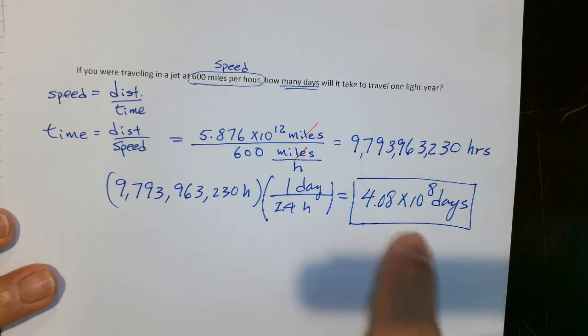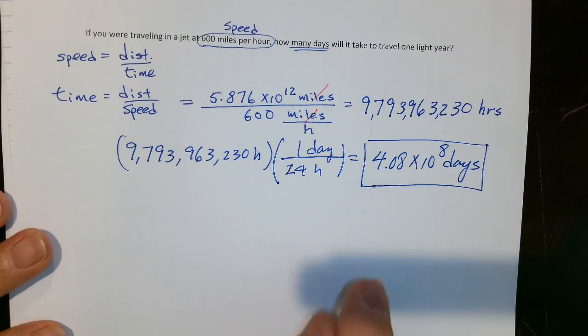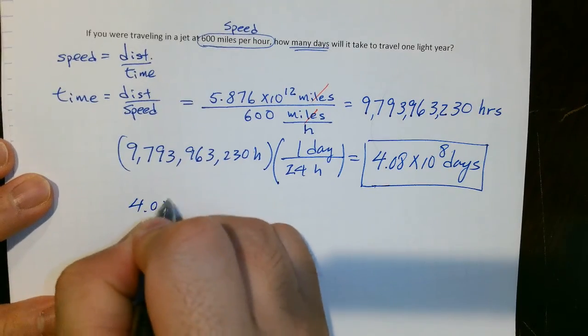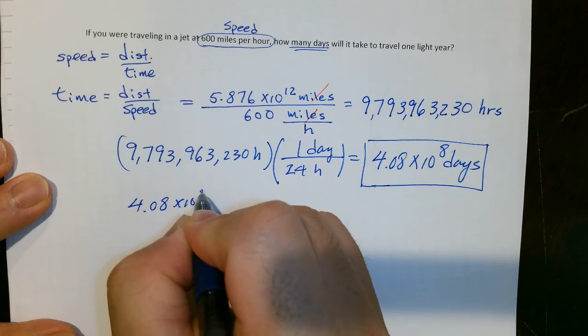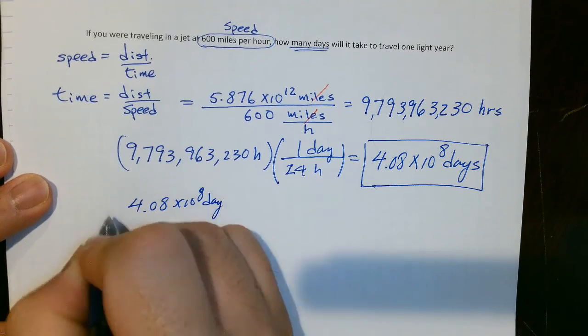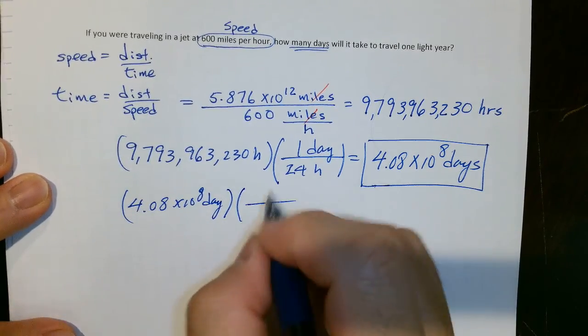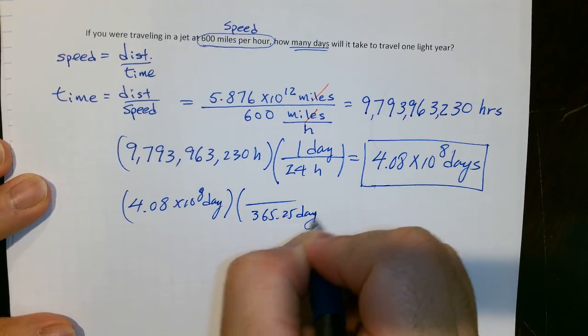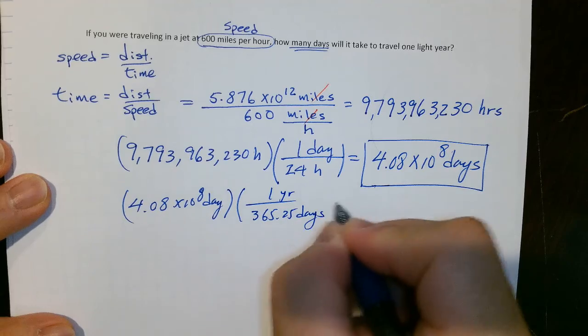But if we were to convert this into years, so 4.08 times 10 to the 8th days, we convert that using 365.25 days is equal to 1 year.